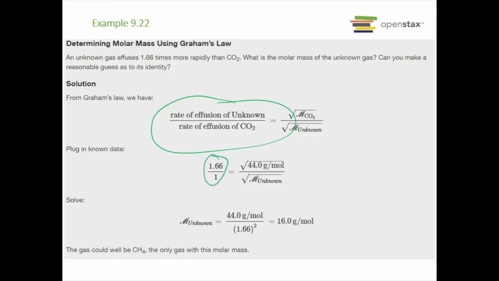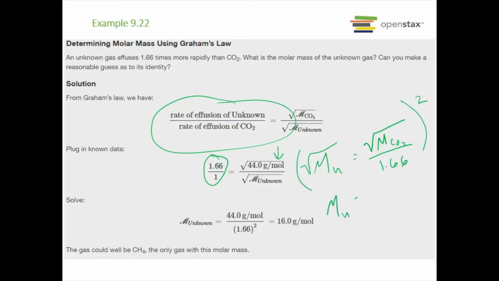So we have our left side, and we know the molar mass of CO2. Solving for the molar mass of our unknown, the square root of the molar mass of the unknown is equal to the square root of the molar mass of CO2 divided by 1.66, and then we have to square everything.